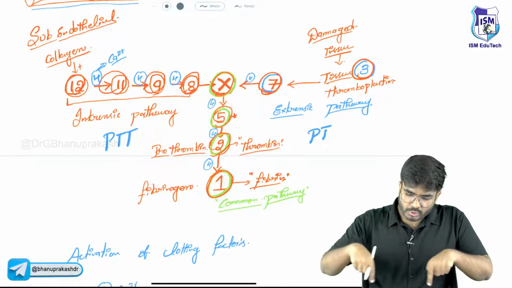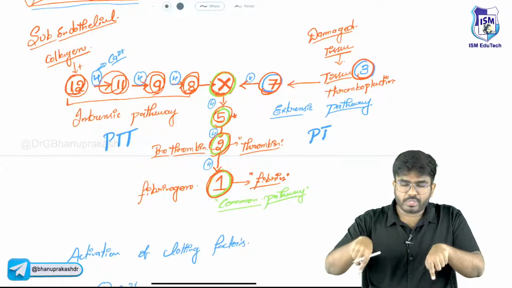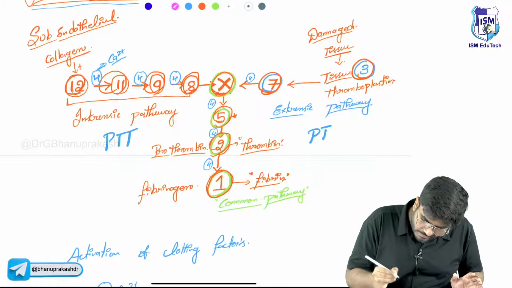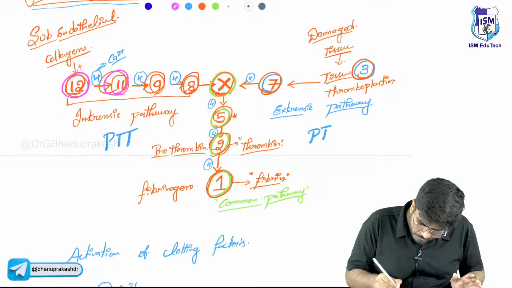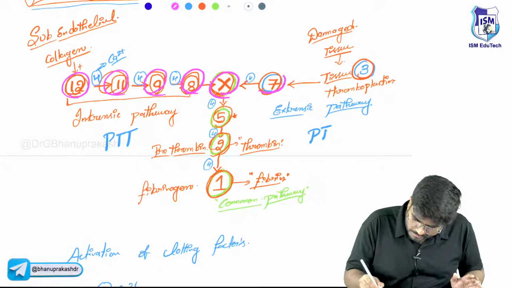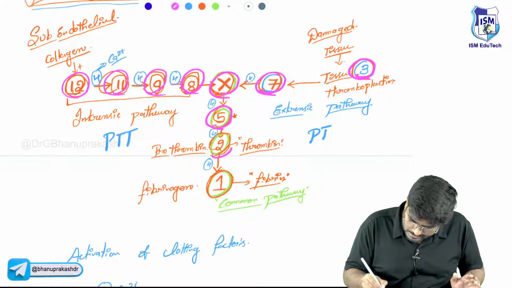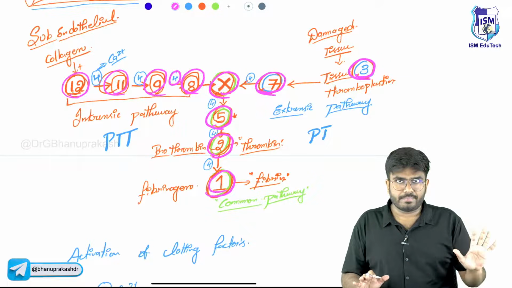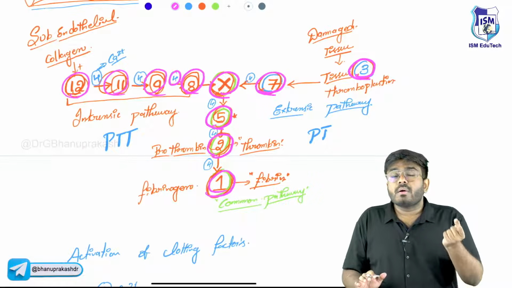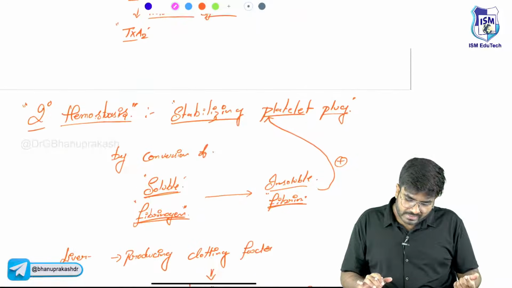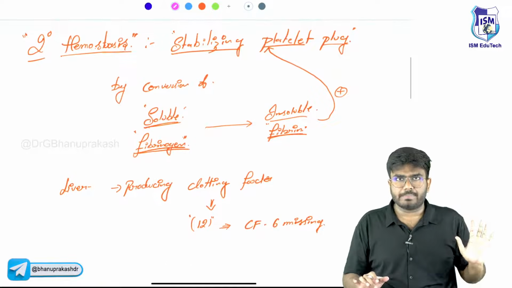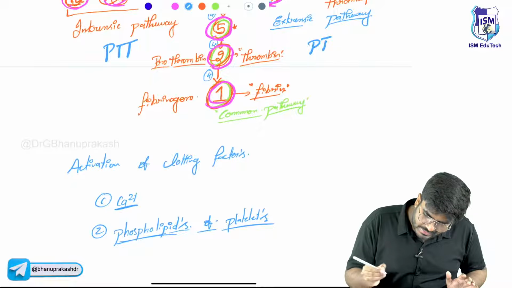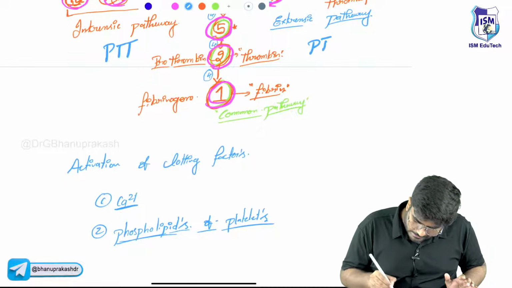Here I am showing you a total of 11. But what we have discussed is that there are 12 clotting factors. What is the 12th clotting factor? The final step is factor number 13.